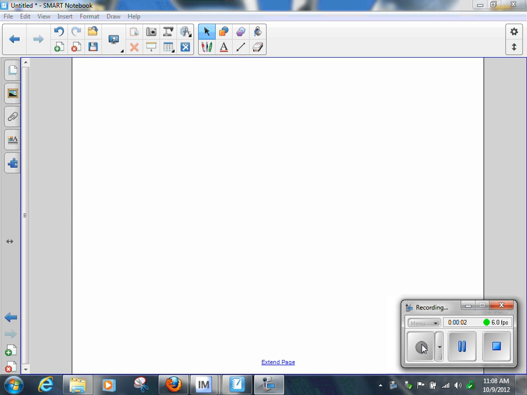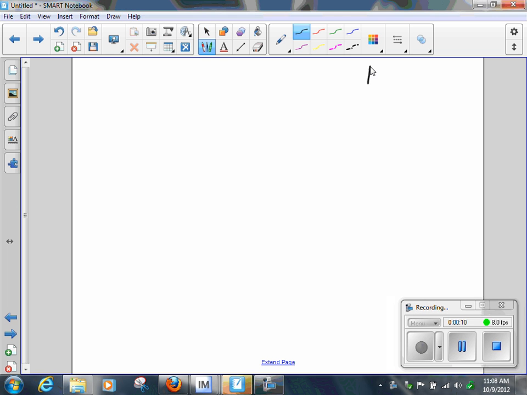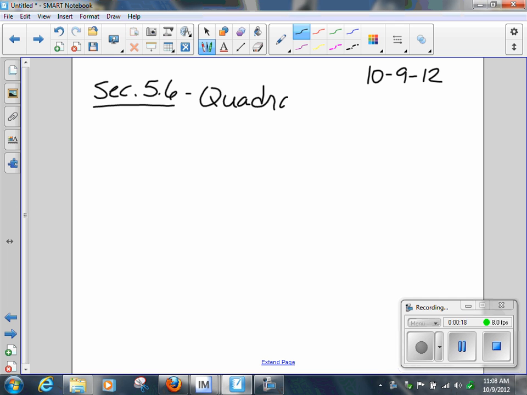Okay, quadratic formula, which is section 5.6. At the end of class yesterday, we talked about there are certain ways to solve quadratics.